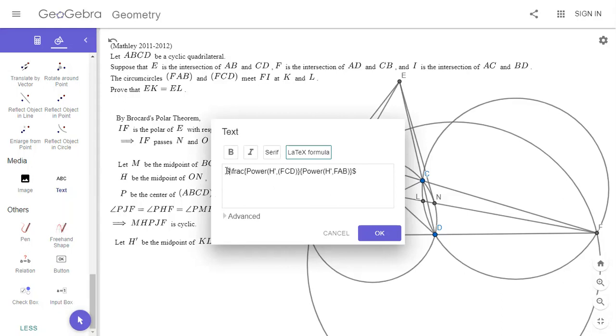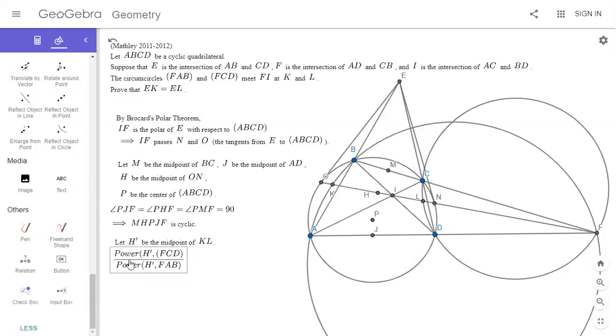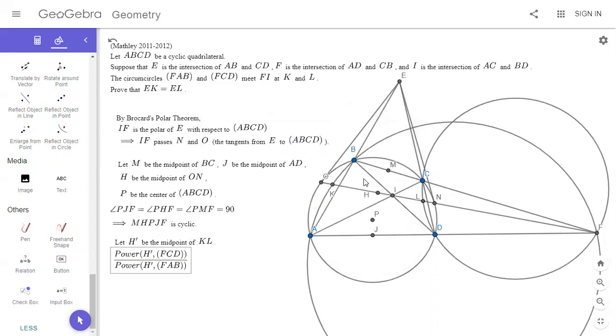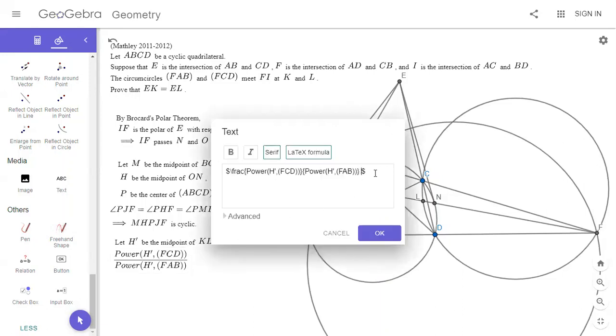Hold on a sec. Yeah, because this would be HL times HF over HK.